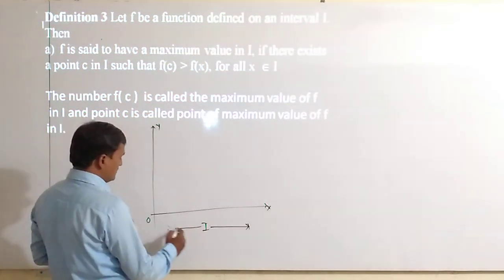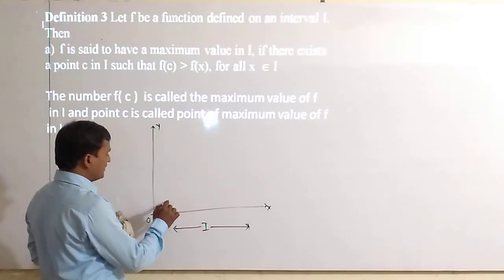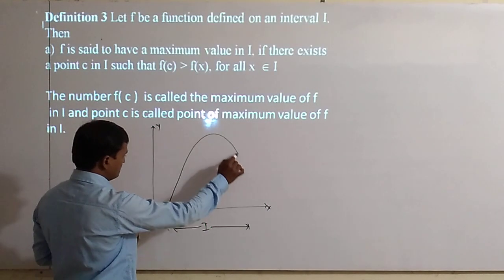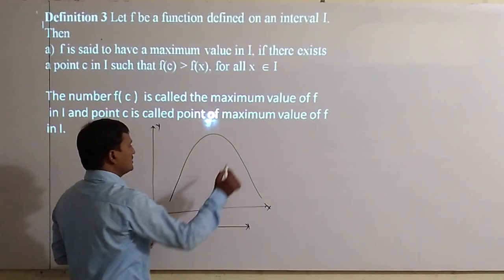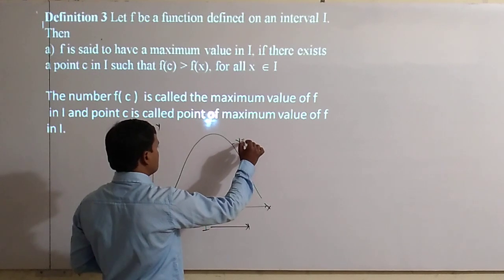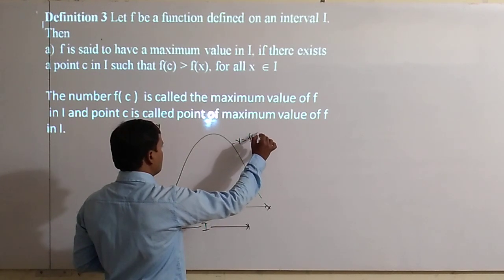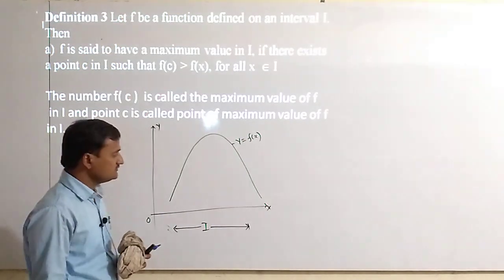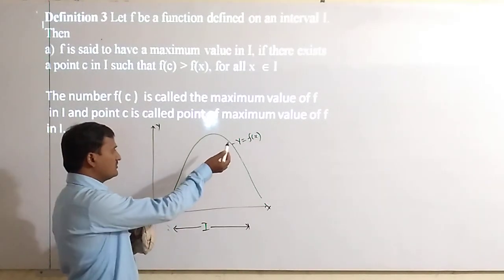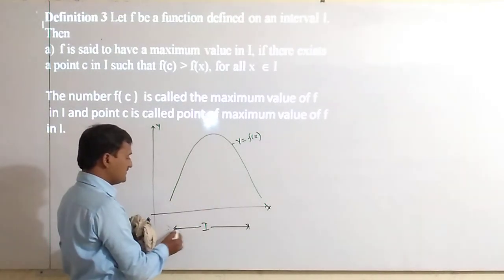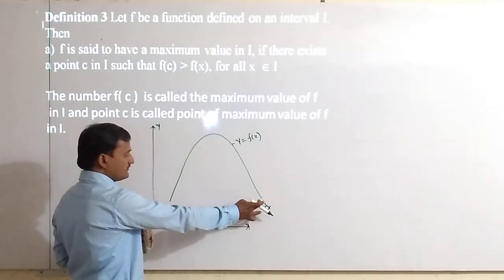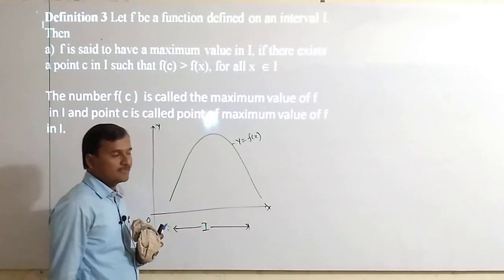So here I want to take one function. So this is the function. This function here I will call as y is equal to f of x, right? So y is equal to f of x be a function in this interval from this to this, right?